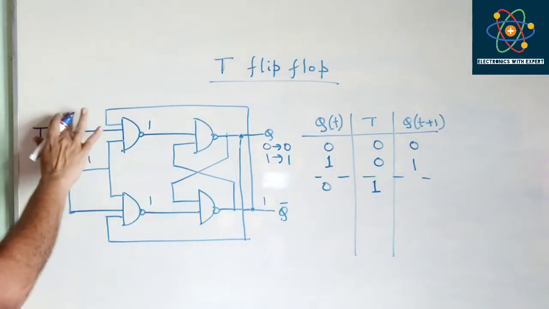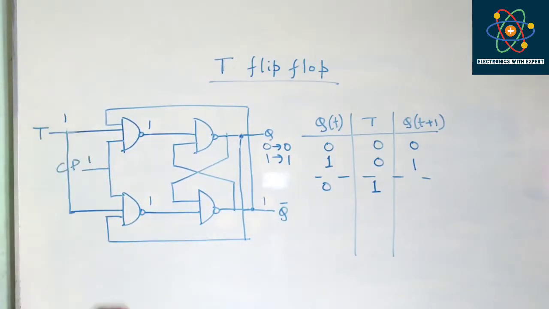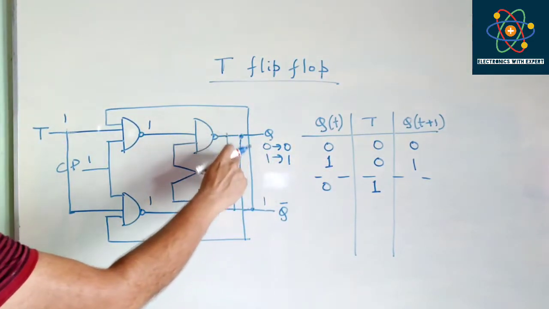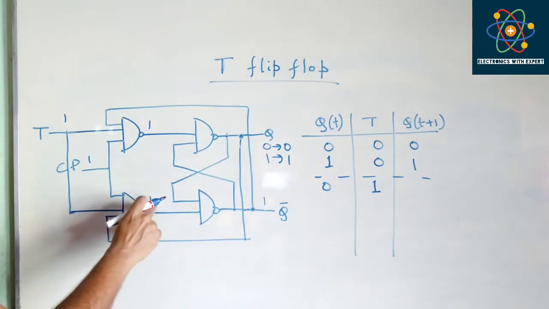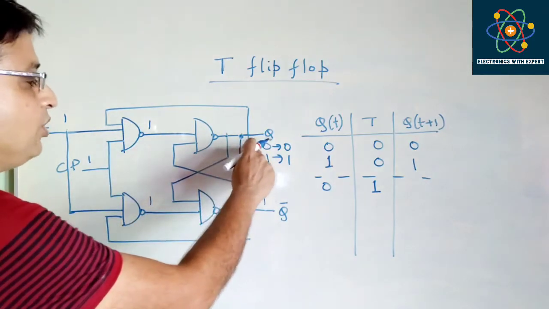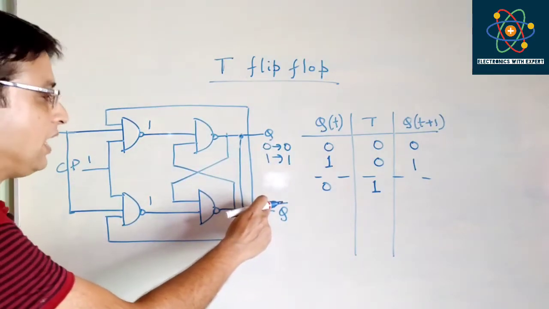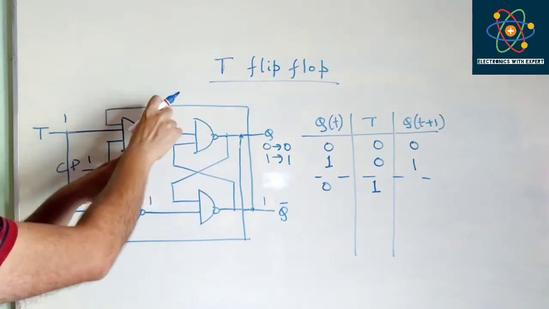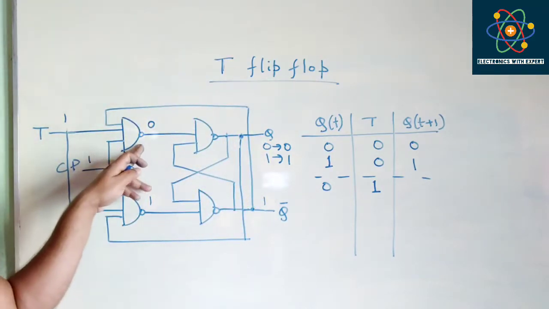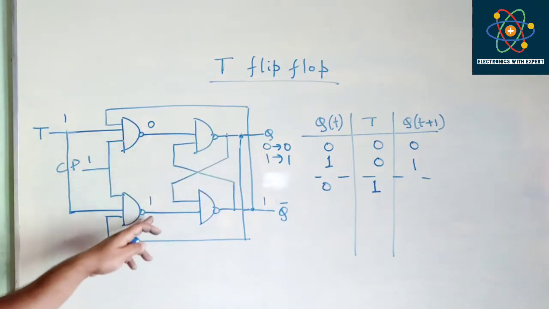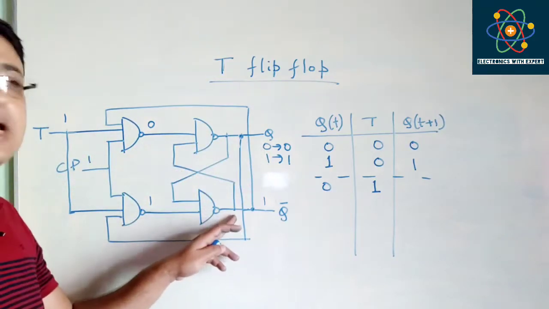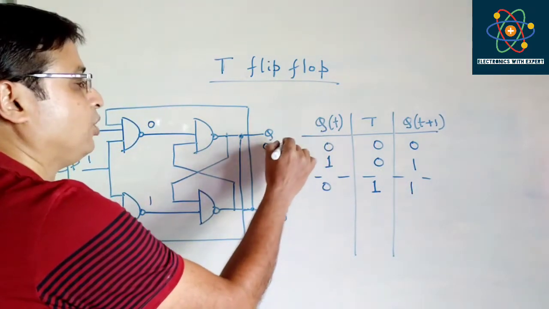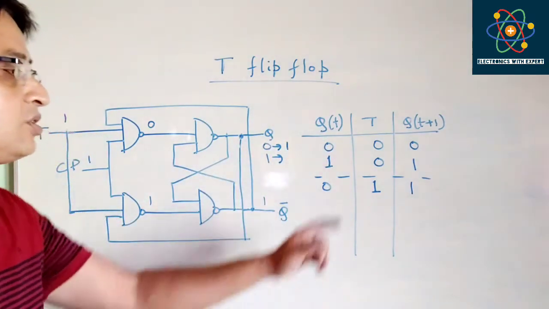For T equals 1, and if Qt equals 0, that means this 0 makes this NAND gate output 1, and Q bar equals 1. So for this NAND gate, all the inputs are equal to 1, which makes this NAND gate output equal to 0. So 0 and 1 makes this 1, and 1 and 0 makes this equal to 1. So for Qt equals 0, Qt plus 1 equals 1.